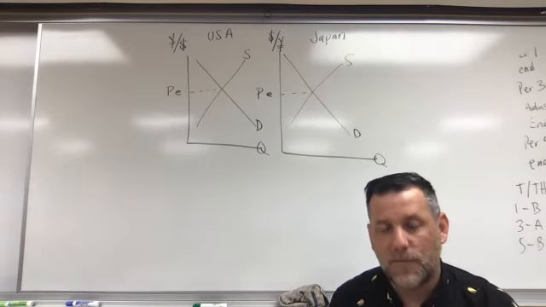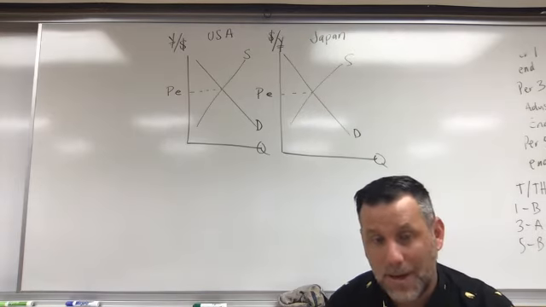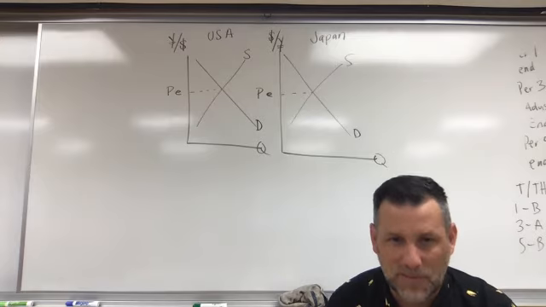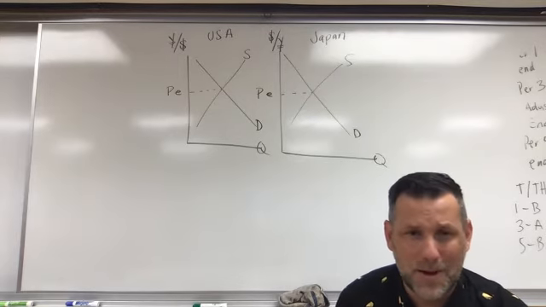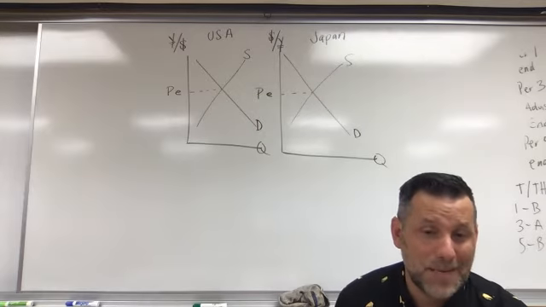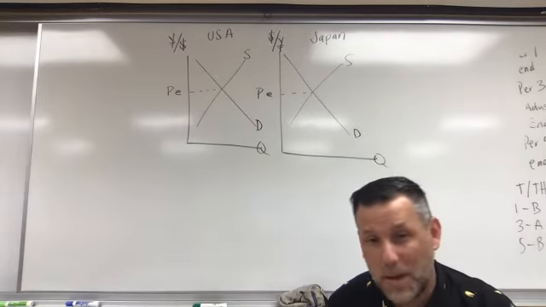If the price of US products goes down, then Japanese people are going to want to buy more stuff because it's cheaper. So price level can be a shifter. If the price level in Japan goes up, then Americans aren't going to want to buy as much Japanese stuff, so the demand for Japanese yen is going to fall.